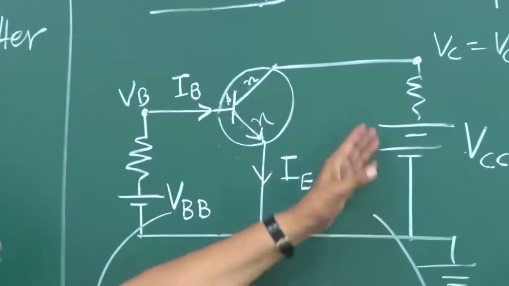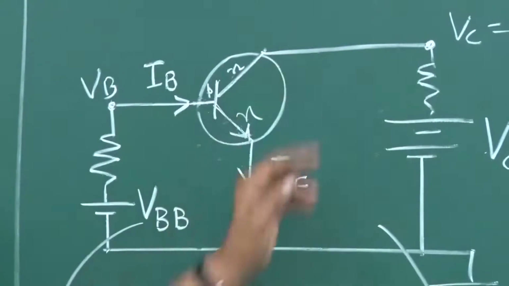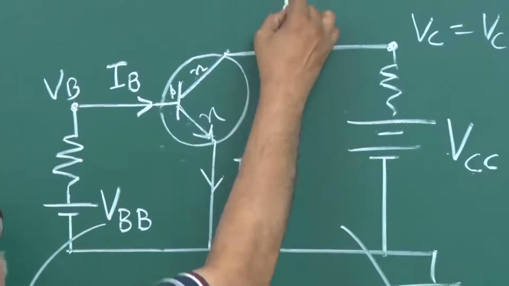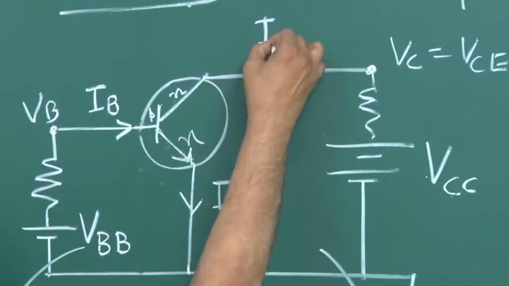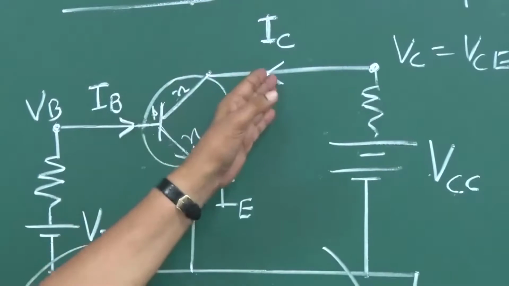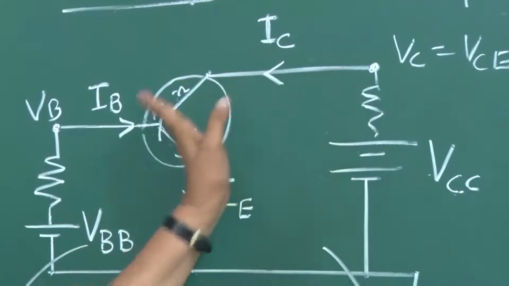And then any current that is here in the collector, that is written as IC, and the arrow mark is like this. Okay, remember this is reverse biased, and then the current will be of this type.